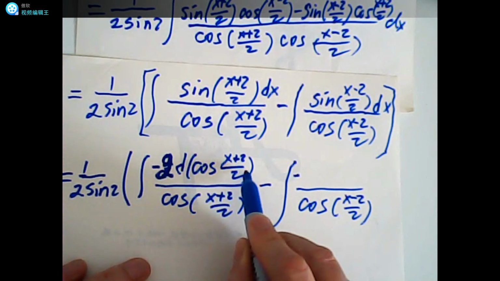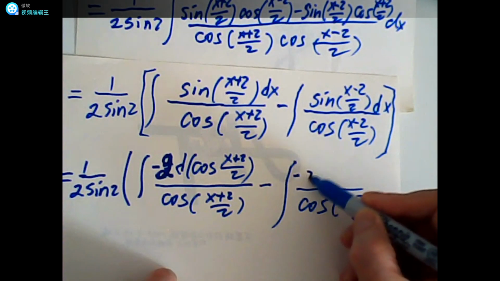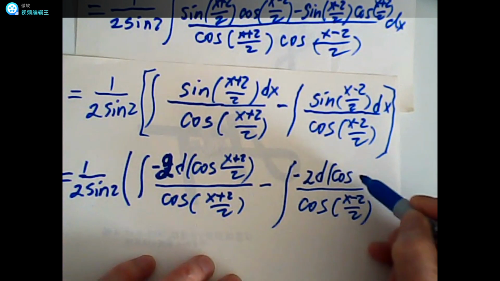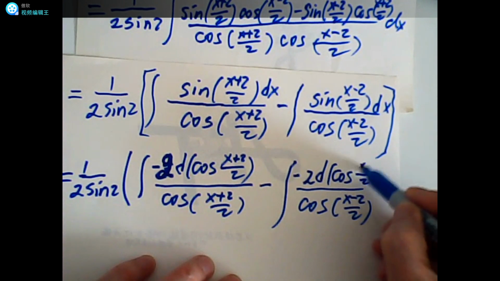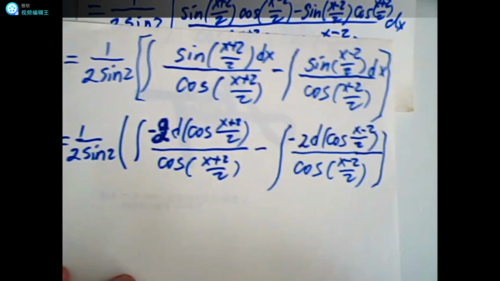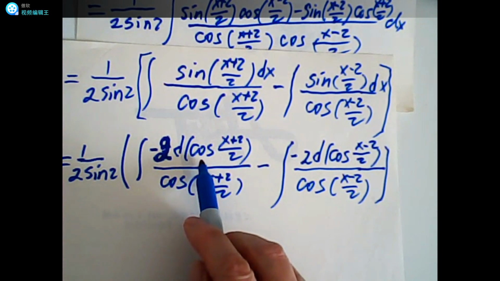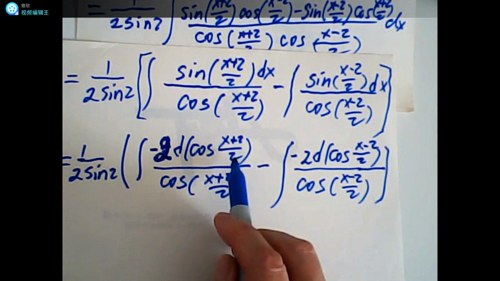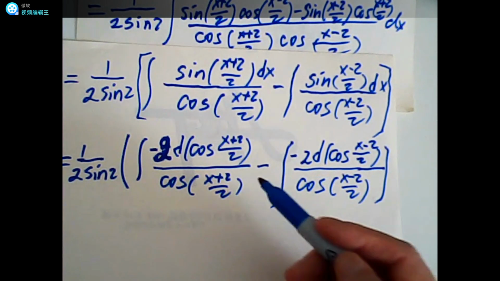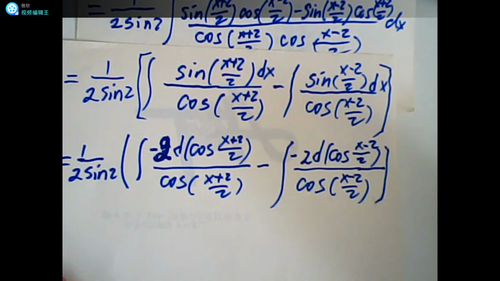So this is negative 2 d cosine (x minus 2)/2. This one is negative sine (x plus 2)/2 multiplied by half because of the chain rule, right? Half times 2 cancels out. It becomes a positive 1.